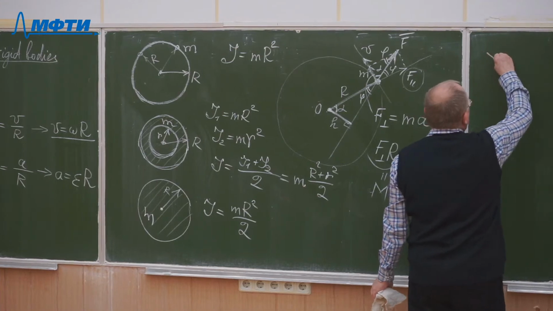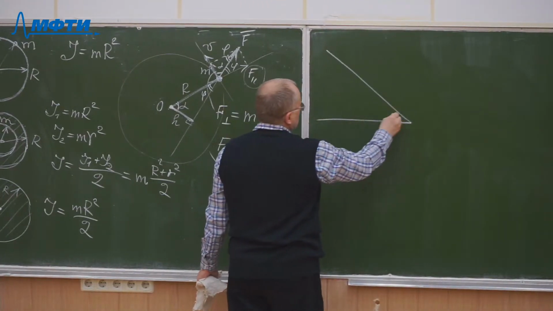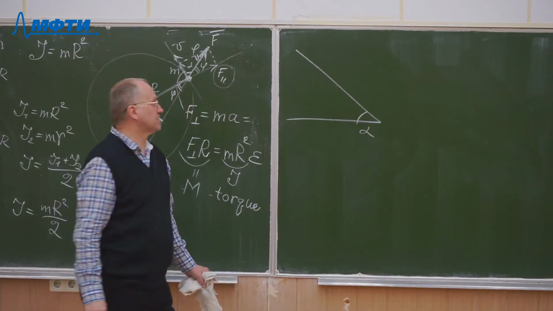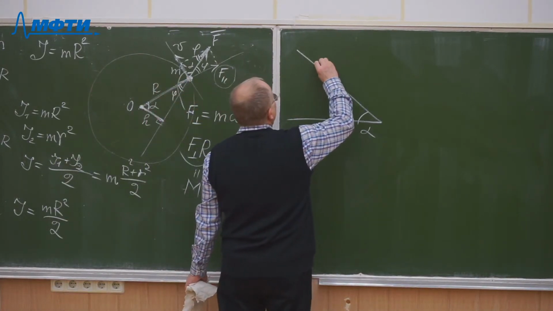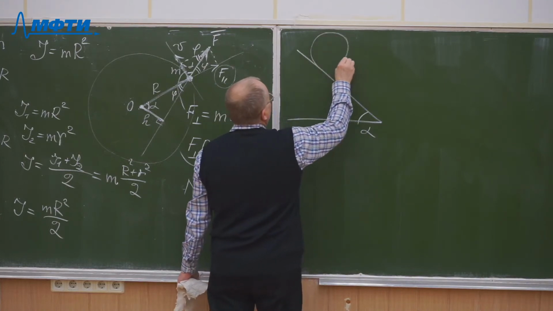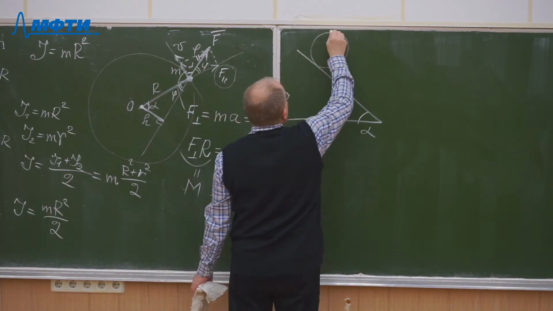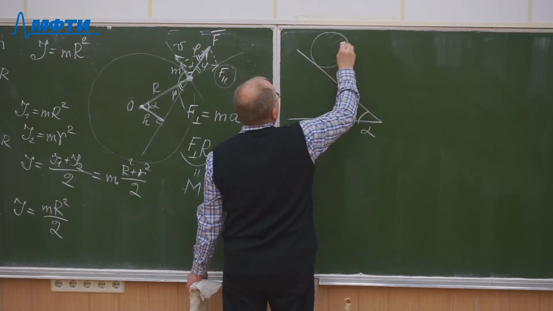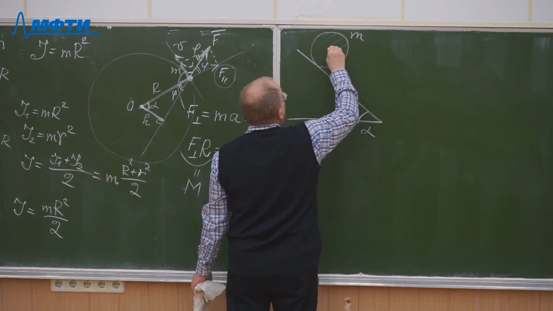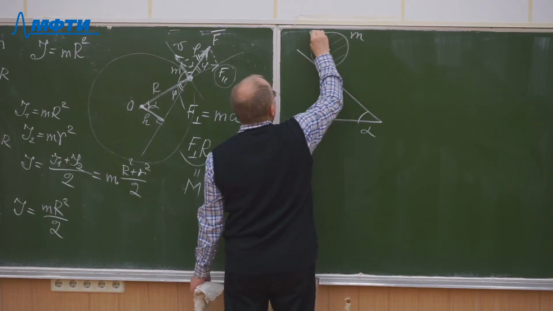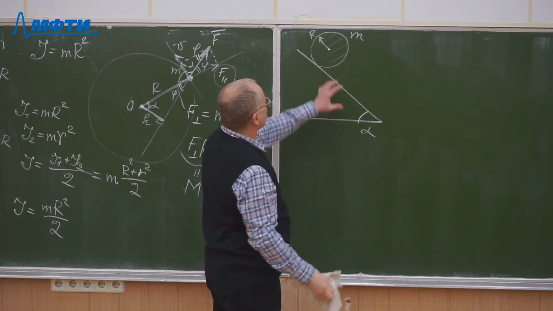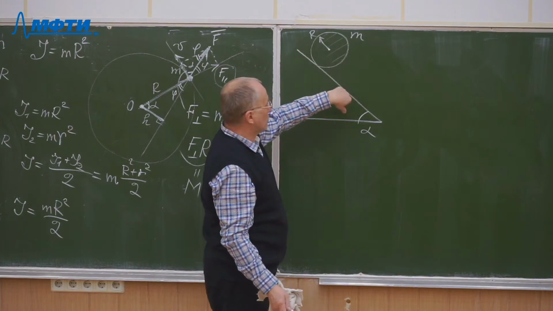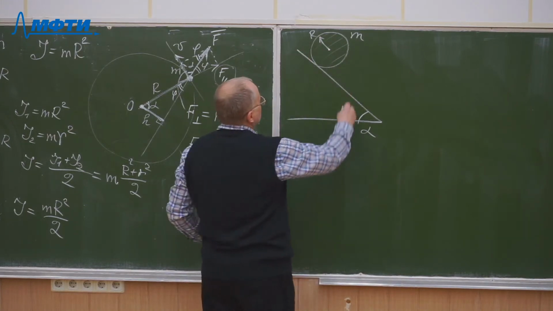Let's say there is a slope, an inclined surface, and a disk or a cylinder with uniform distribution of mass m and radius r, and this solid cylinder rolls down the inclined surface.